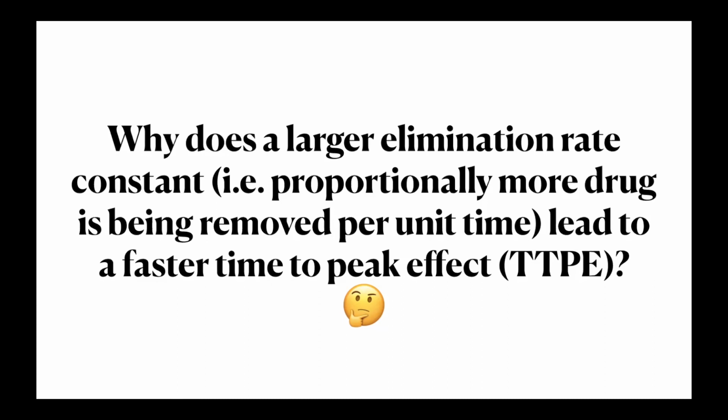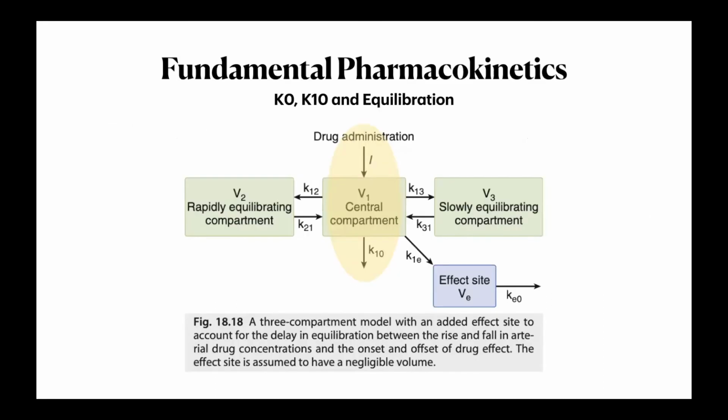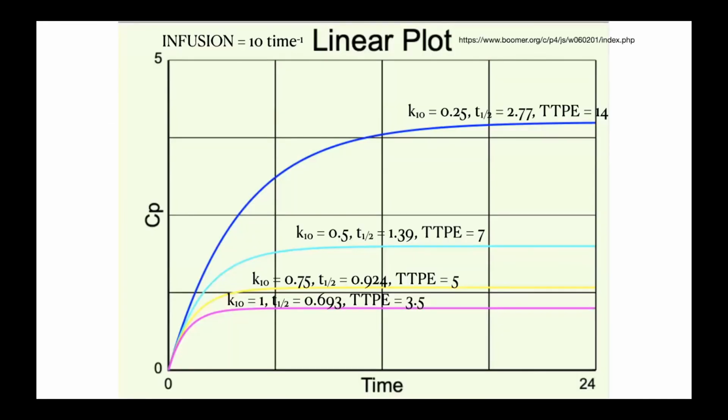So to do this, let's take a step back again and look at the pharmacokinetics of the central compartment. And you can go to this website that I have listed on the top, www.boomer.org.